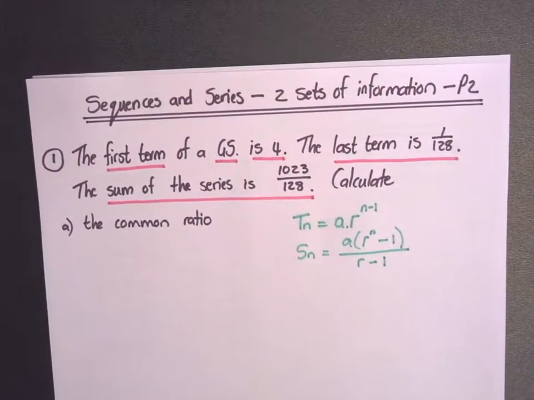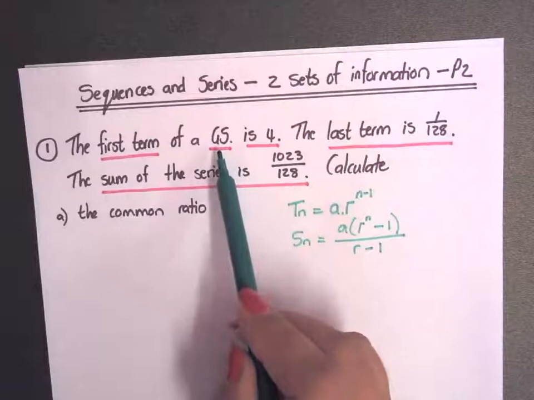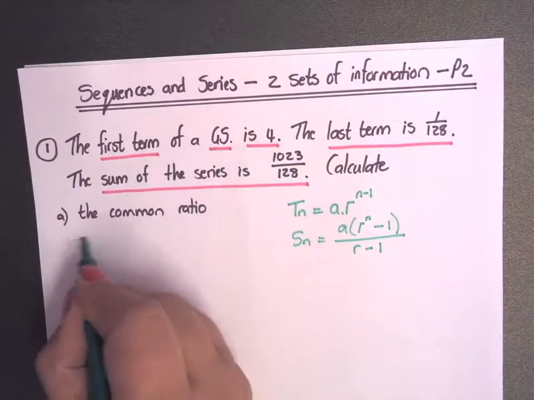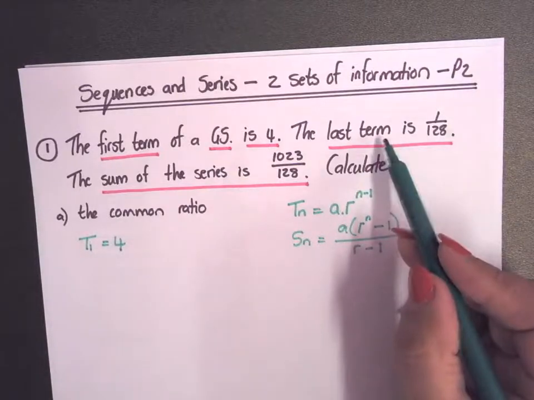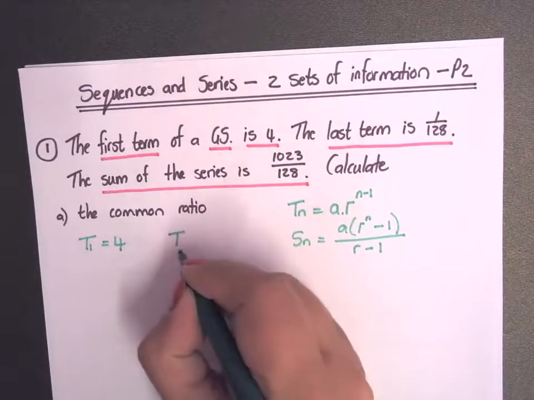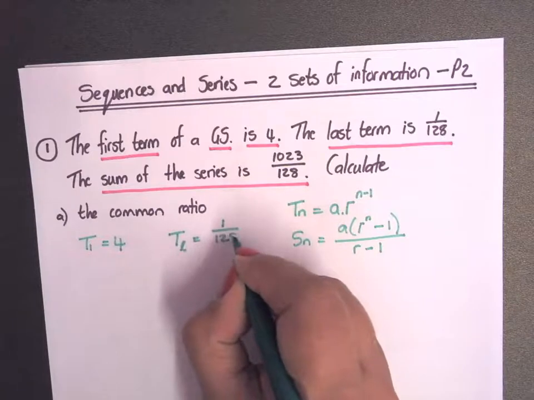We are going to use those two formulas because it is a geometrical series, and they tell us the first term is 4. So T1 equals 4. The last term is 1 over 128. So T of last equals 1 over 128.